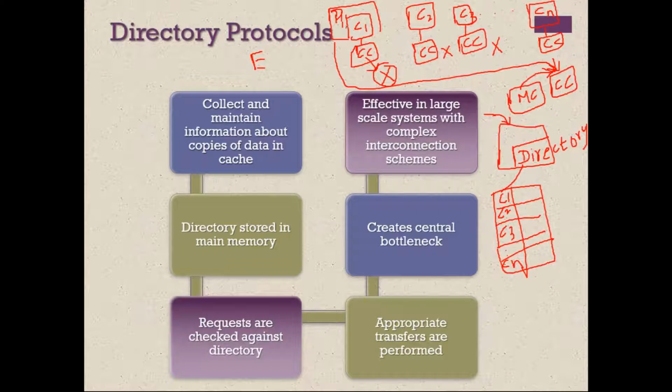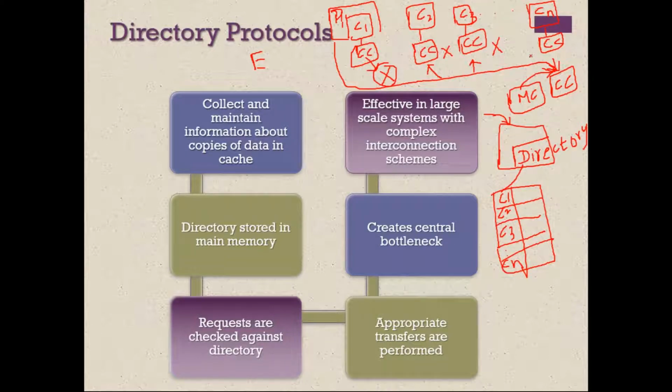Processor 1 places a request to the cache controller stating that it wants exclusive access to x. Now the cache controller will send a message to all the processors stating that processor 1 wants exclusive access to x, so all other processors should invalidate x.